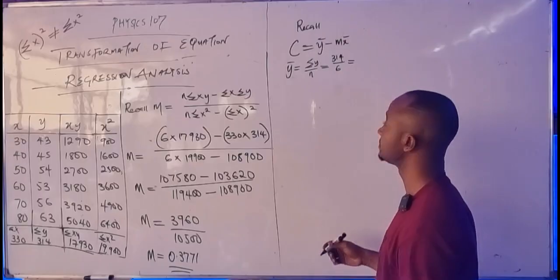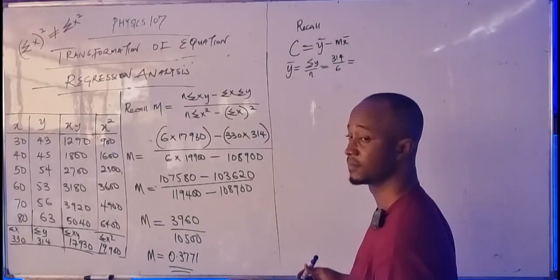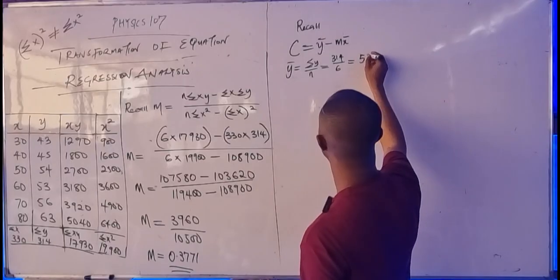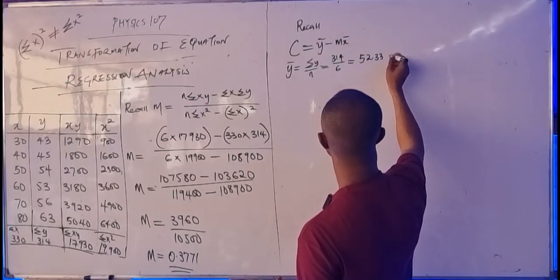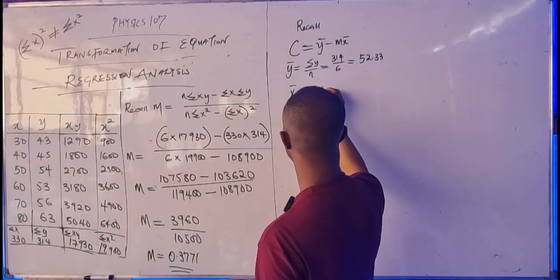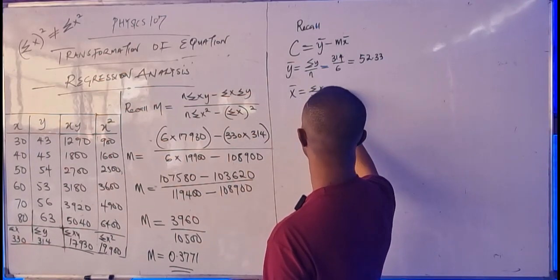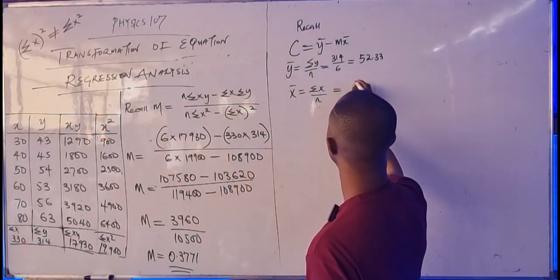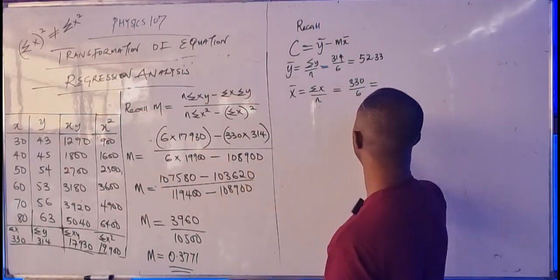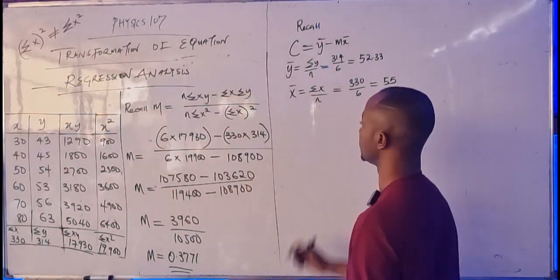Give me the value. Divide. 52.33. What about our X bar? Sum of X over N. The sum of X is 330 over 6. What do you have? 55. Okay, thank you.